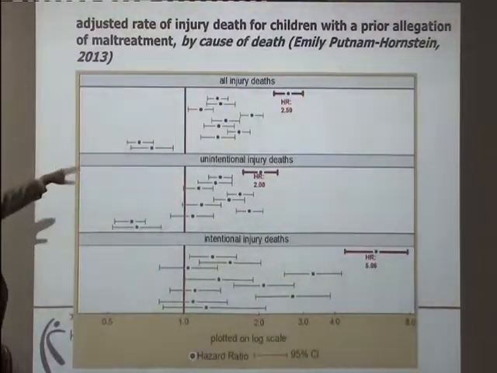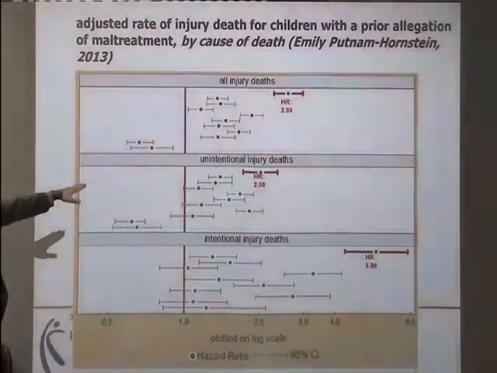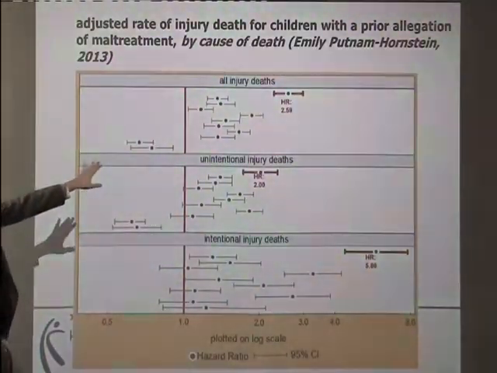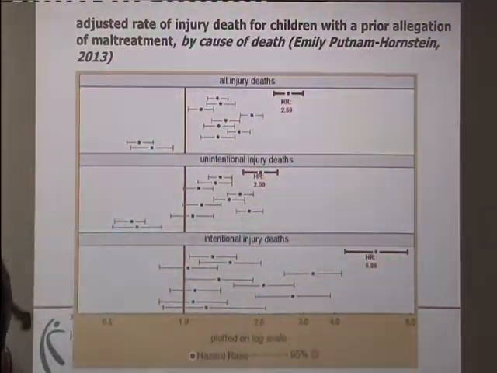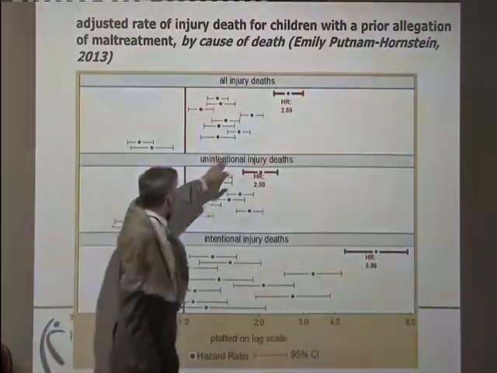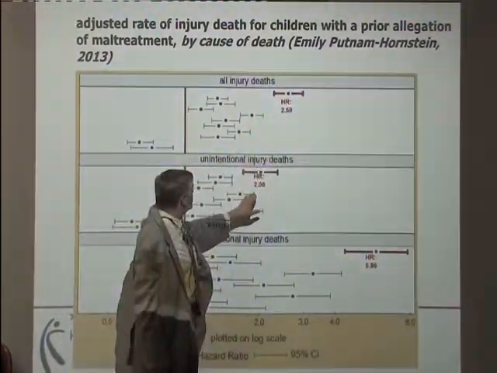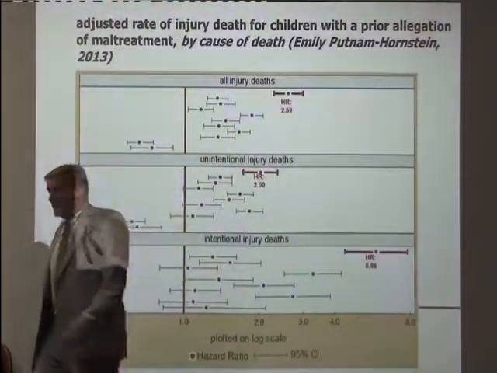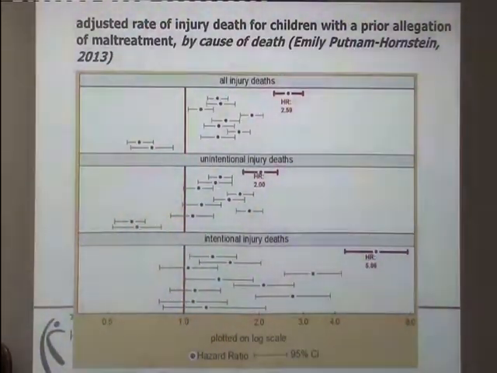And you can see the different categories: all injury deaths, unintentional and intentional. The red bars, these odds ratios here, 2.59, 2.0, and 5.86, are the risks due to the fact that those particular children had been reported to child protection agencies.